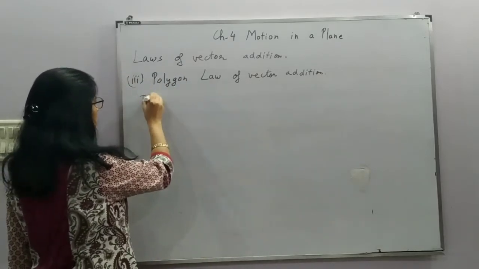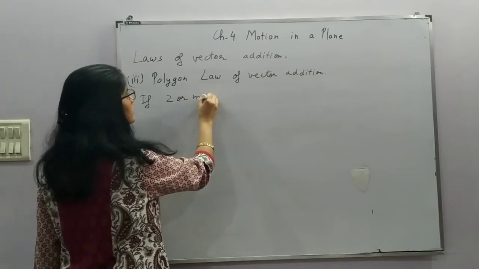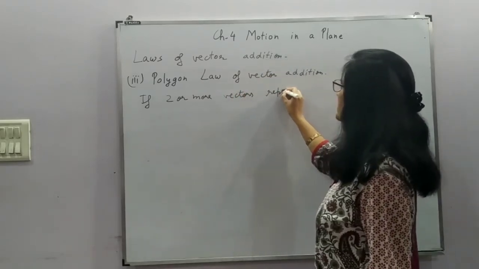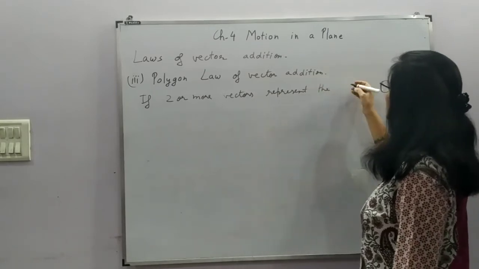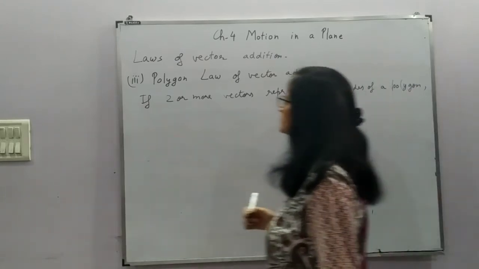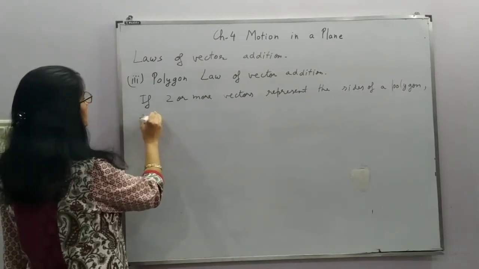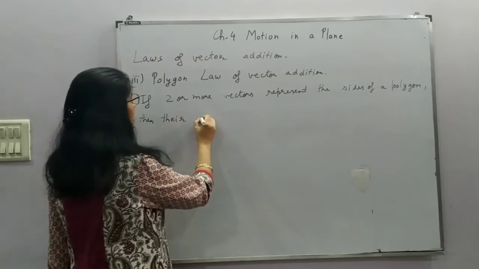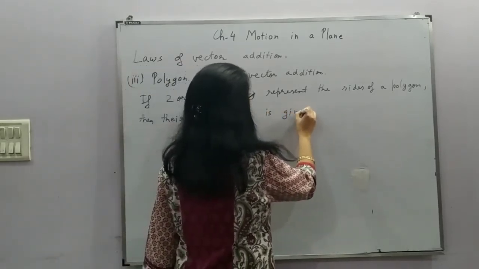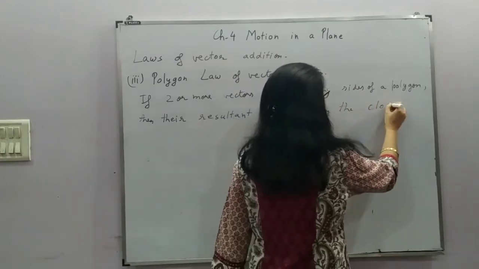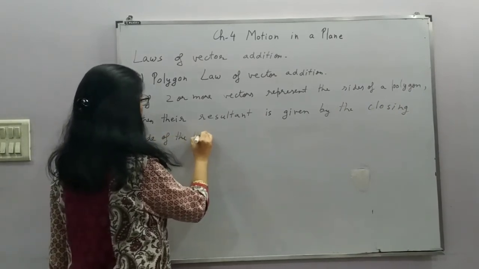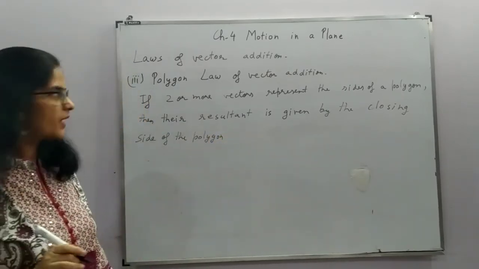If two or more vectors represent the sides of a polygon, then their resultant is given by the closing side of the polygon, taken in reverse order.